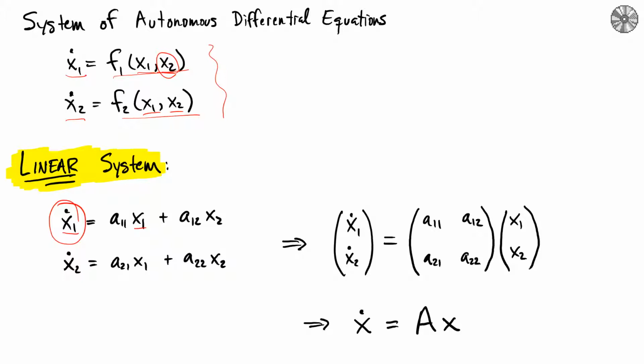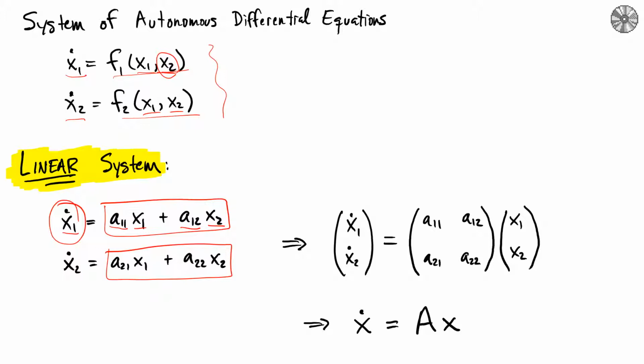So x1 and x2 are the states, these are just parameters, a11, a12, and we can express the derivative in terms of those quantities. So the function f1 is simply this linear function, and the same thing can be done here for x2.